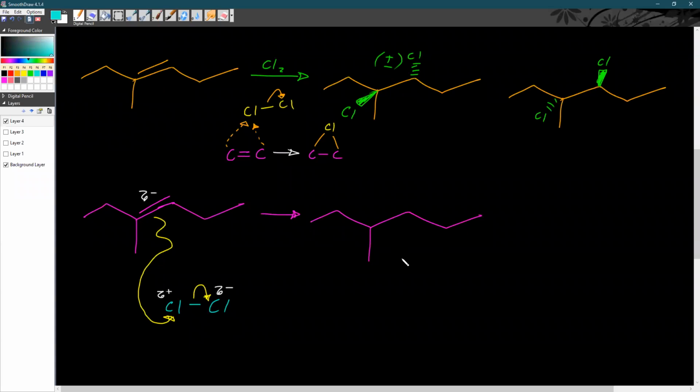Okay, so let me draw this down below. Right, so I drew the chlorines down here. So here is our bond with the chlorine kind of at the top of this bond. Okay, this chlorine will now have a full-blown positive charge.